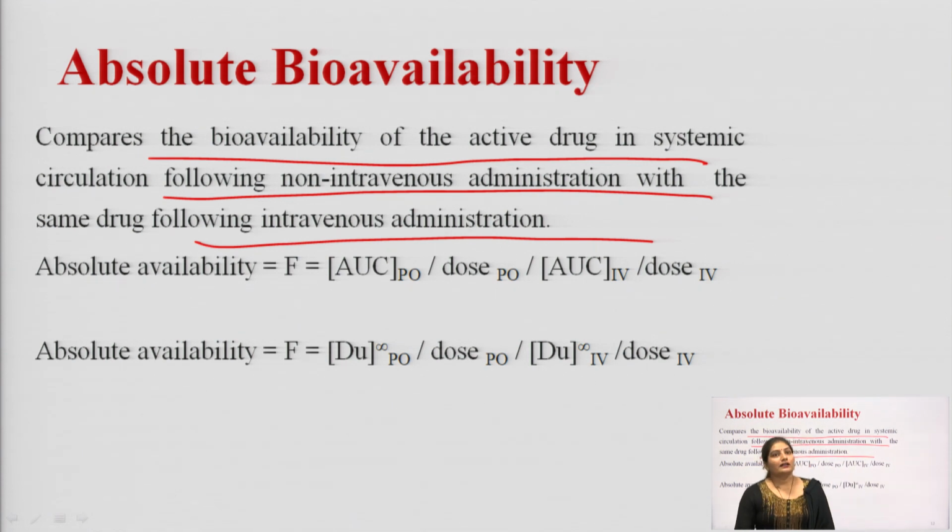Okay. So, for calculation of absolute bioavailability, there is a formula, that is F is equal to area under curve of the drug that is given by oral route divided by dose of oral route, upon AUC, that is area under curve obtained by the IV route, divided by dose of IV route.